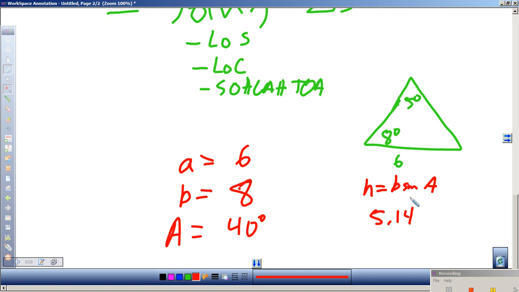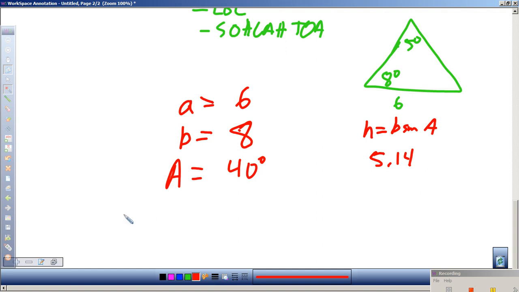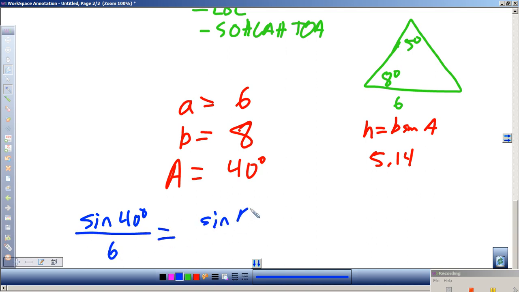So first thing I would do is solve for one of them. How? Sine 40 degrees over 6 equals sine B over 8. Solve for B: the inverse sine of 8 sine 40 over 6.